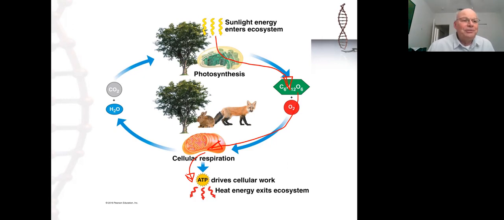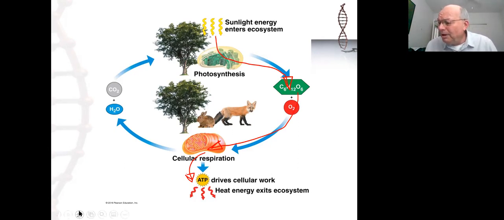It is a form of energy that we cannot utilize. And so it becomes wasted energy that's released into the ecosystem. And this is the reason why the energy can't be recycled, because we can't utilize heat as a source of energy.